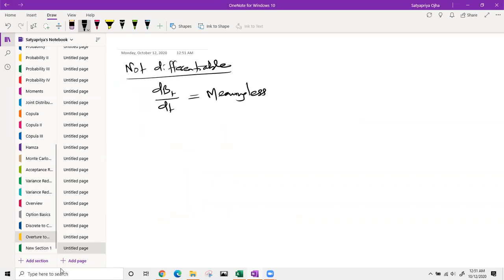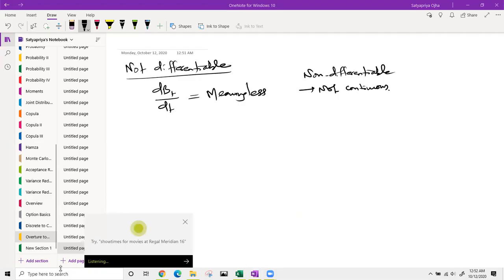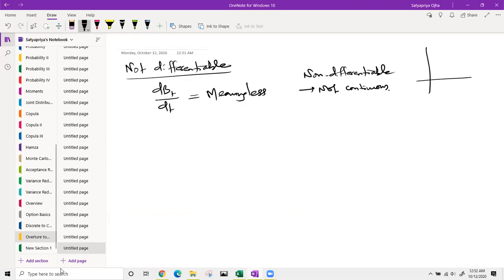So we know something is non-differentiable when... what are the reasons that can cause non-differentiability? One reason is if it is not continuous. If the function itself does not exist at that point, then it will not be differentiable. At this point, there is no derivative.